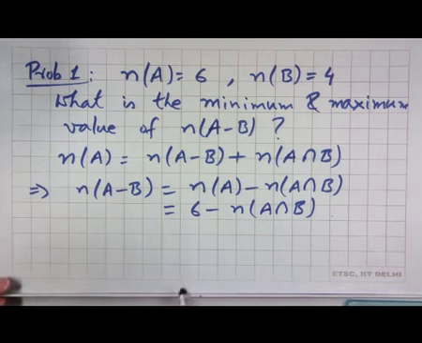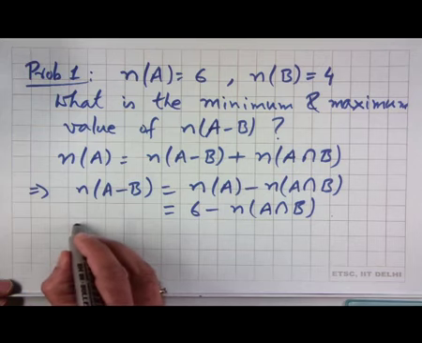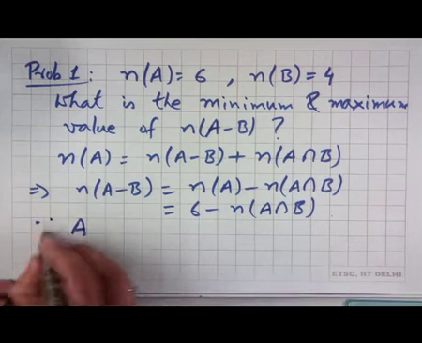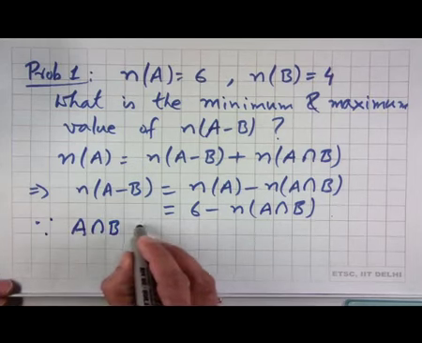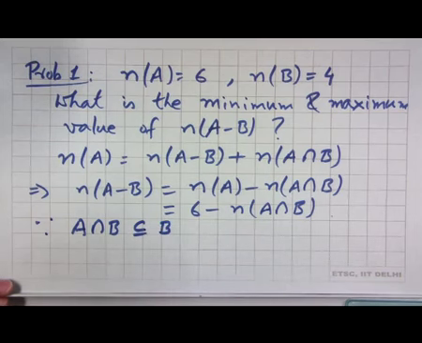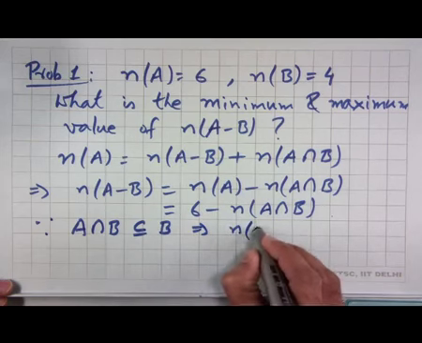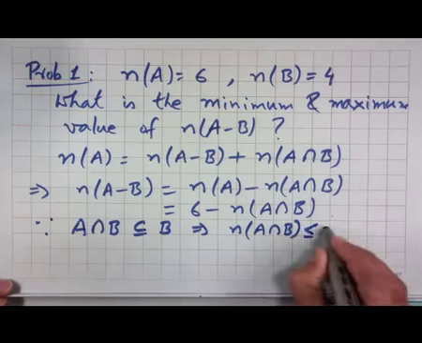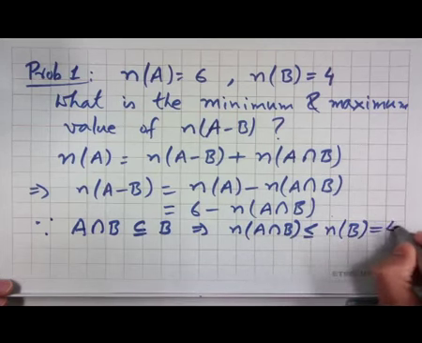So, since A intersection B is a subset of B, this implies that n of A intersection B is less than or equal to n of B, which is given to be equal to 4, right.